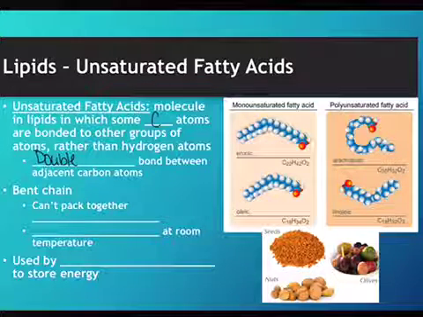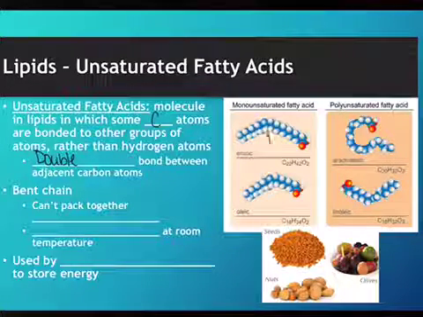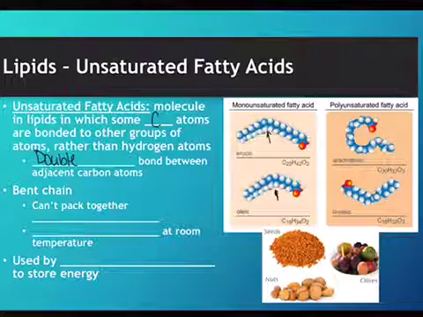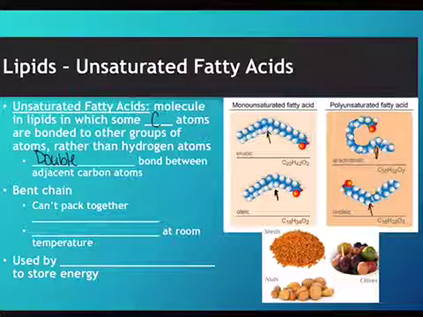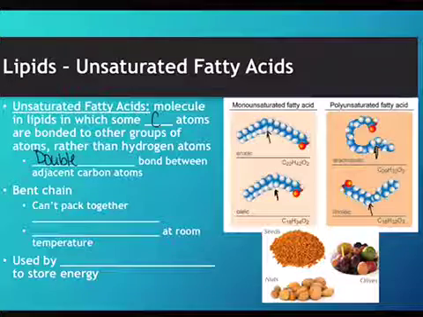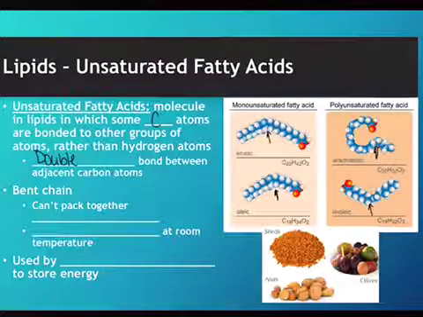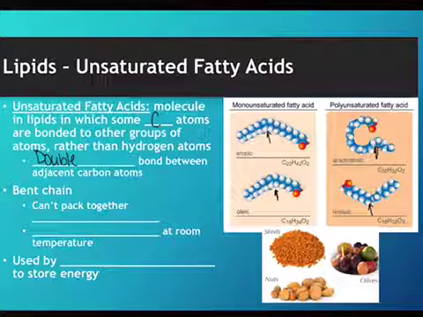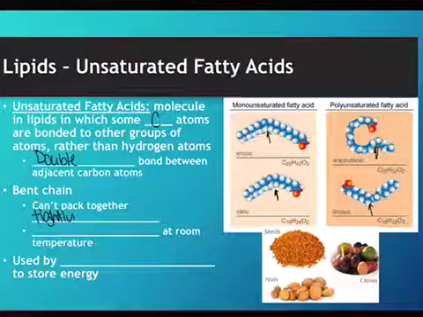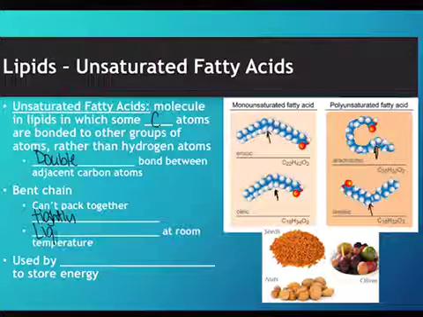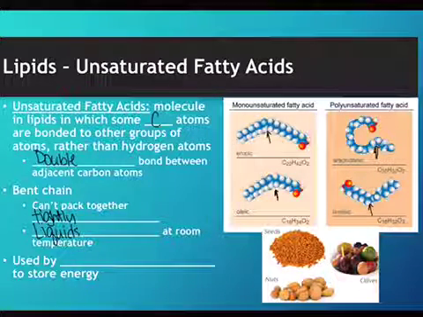And when we get that double bond, you'll notice that we get a little bend or a little kink in the chain. So they can't pack together tightly. And so therefore they are liquids at room temperature.